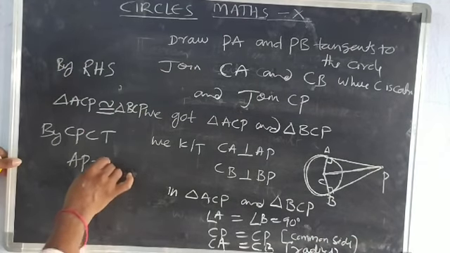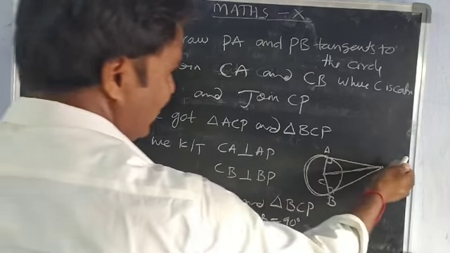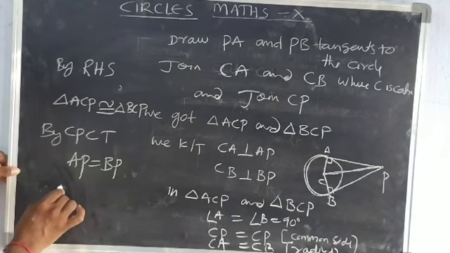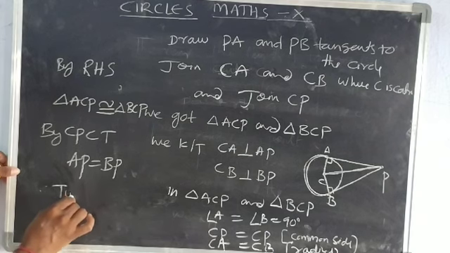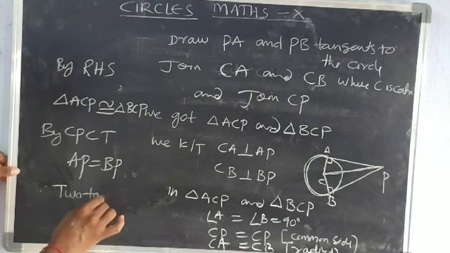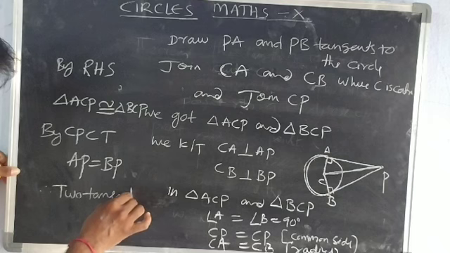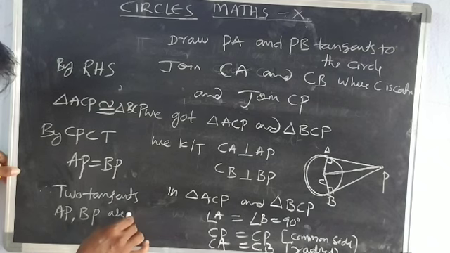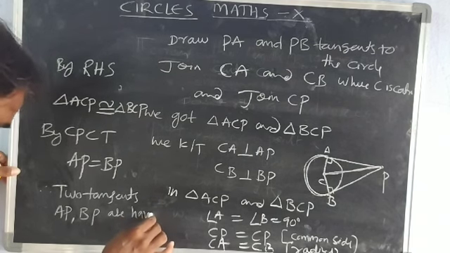AP is one tangent, BP is another tangent. Therefore, the two tangents AP and BP have equal lengths.